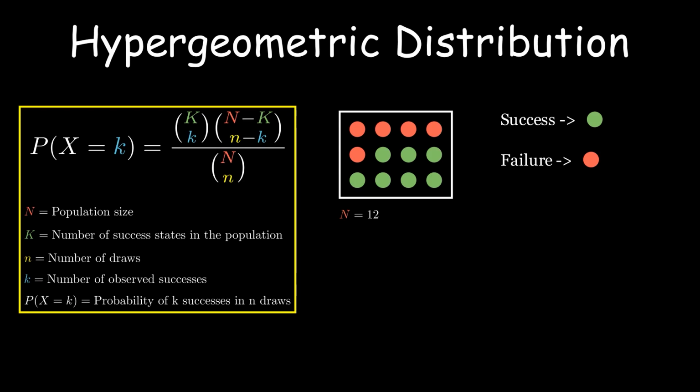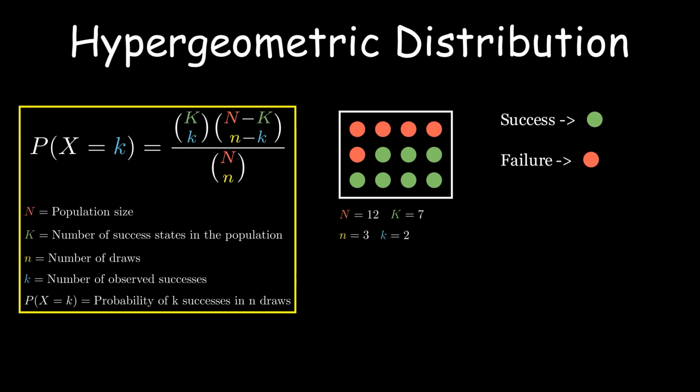The number of success states in the population would be 7, as there are 7 green balls in the box. And let's say we are drawing 3 balls from the box. Therefore, the number of draws would be 3. Now let's say we want to calculate the probability of drawing exactly 2 green balls. This means we want to calculate P of x equal 2. Therefore, number of observed successes would be 2.